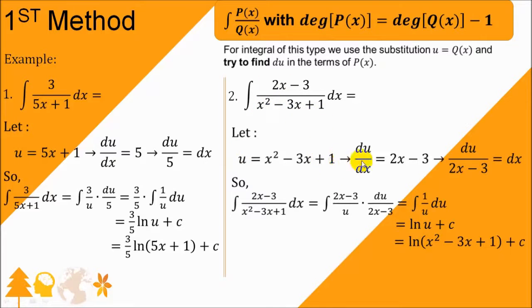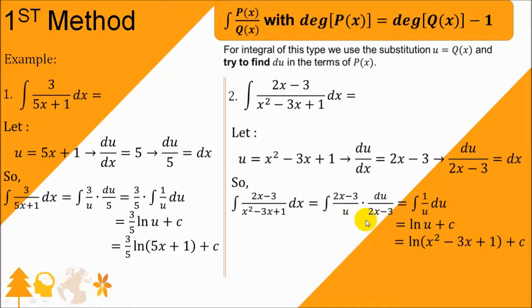As usual we differentiate, so du over dx is 2x minus 3, and dx is equal to du over 2x minus 3. Then we substitute in the quotient: the numerator 2x minus 3 over u, and dx is equal to du over 2x minus 3.